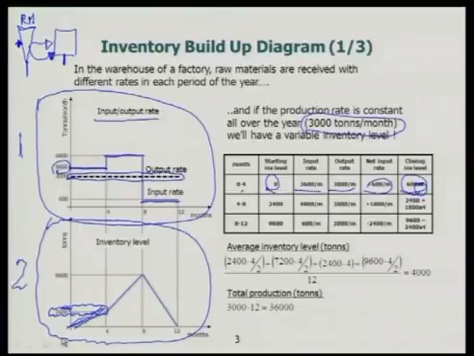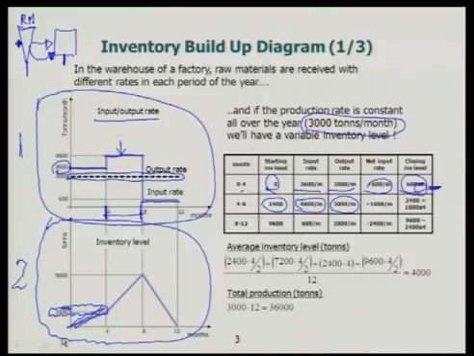From month 4 to month 8, so we are in the middle period, the starting inventory level, of course, is 2,400, which is the closing inventory level of the previous time interval. The input rate is 4,800. You see this higher input rate here. The output rate is always the same because it's always the production capacity of the downstream machine.